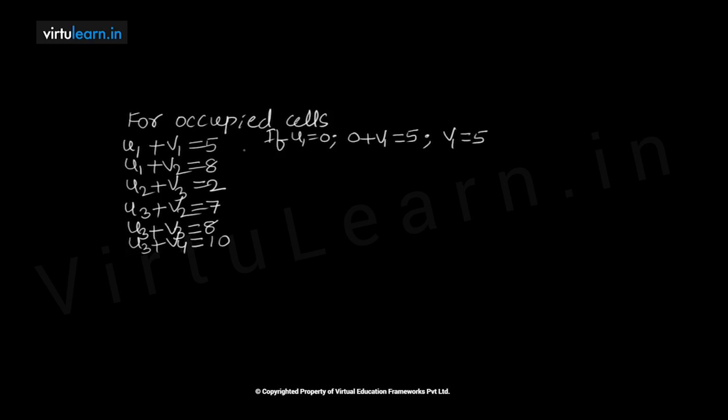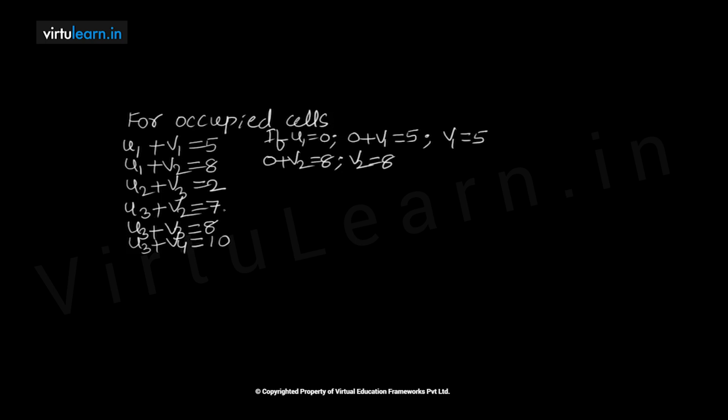Now again for the next equation, U1 plus V2 is equal to 8. Substitute 0, and that means V2 is equal to 8. So here we are getting V2.